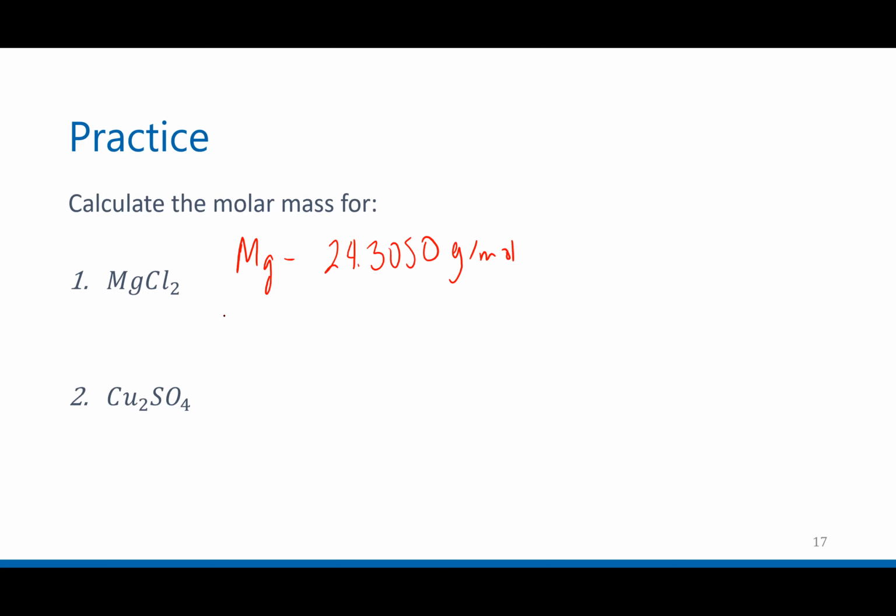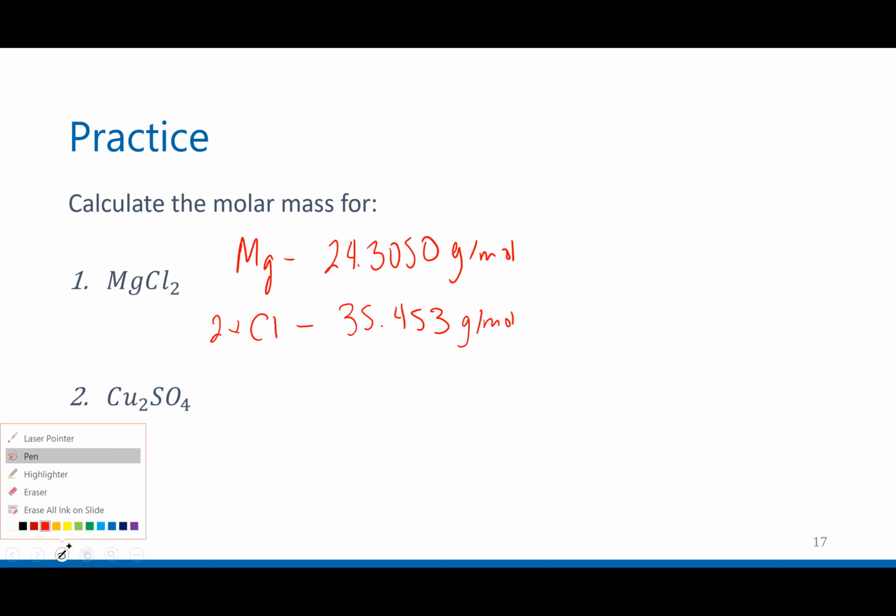Now I also have 2 chlorines. So I'm going to take the mass for chlorine, 35.453 grams per mole, and multiply that by 2, because there are 2 of them, right?